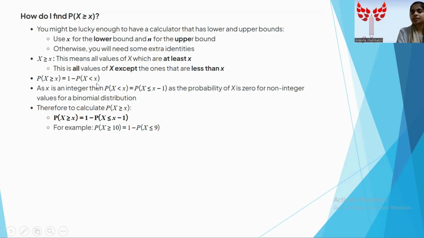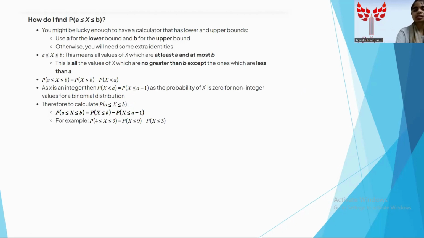And what will X less than x be? You go from 0 to less than x, right? I'm just helping you in finding out the probabilities. If you want A till B inclusive, you add all the probabilities from A to B, all of them, okay? So this is how you basically calculate the probabilities for a binomial distribution. Thank you so much.